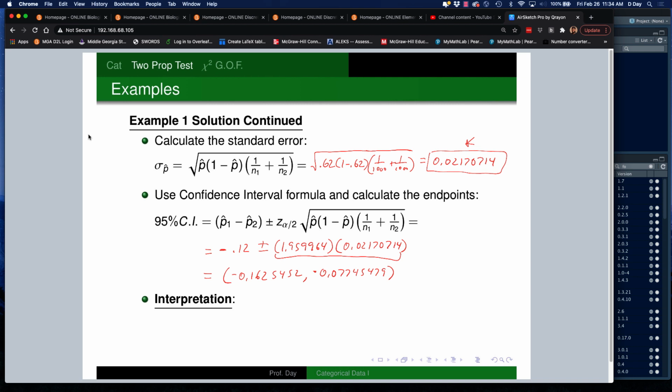We don't need that many decimal places in our interpretation, but since they're both negative, that tells me that proportion 2, the folks on the NSAID treatment, had higher levels than the first one. So very similar to what we did with our two samples. When we get two negatives, we know the second proportion or second mean is greater than the first.